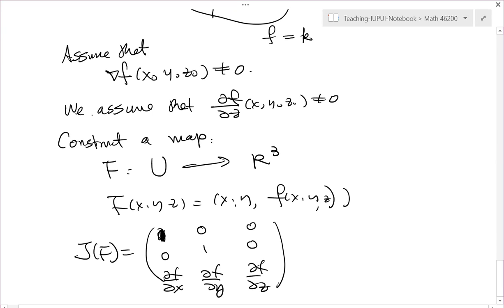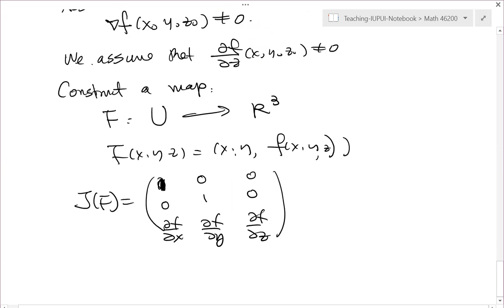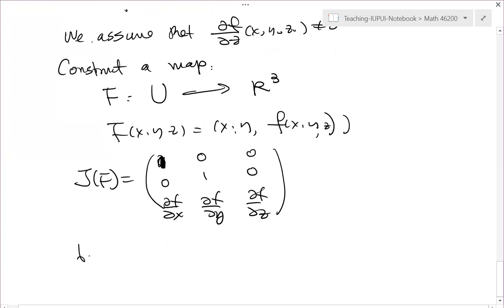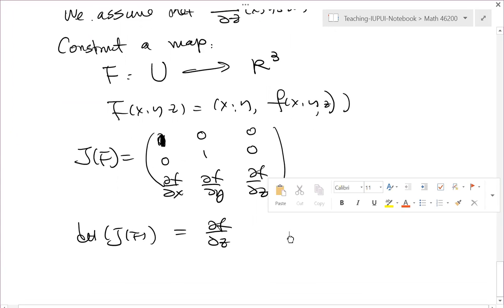So you got this. Now clearly, the determinant of this matrix at every point is just the partial derivative of f with respect to z.